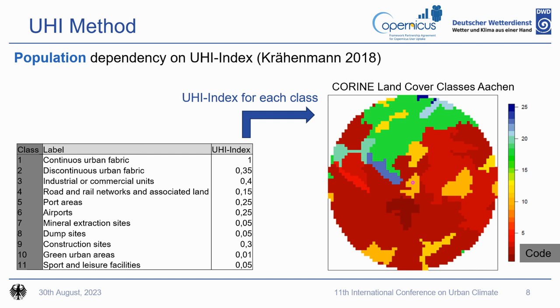On the right side, you see the grid cell where the city of Aachen is. We drew a circle with a 2.5 kilometer radius, saw what land covers are there, and assigned the values from the table to all the land cover classes that are there.